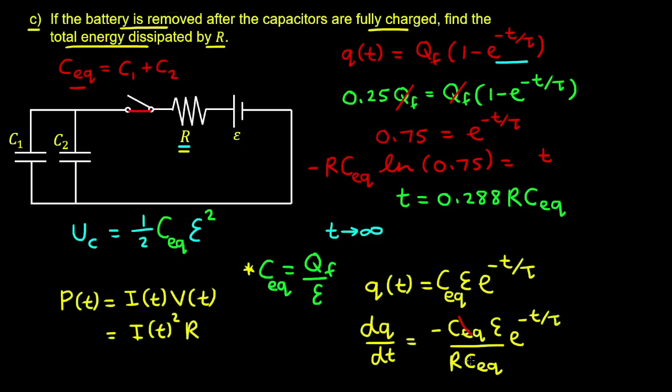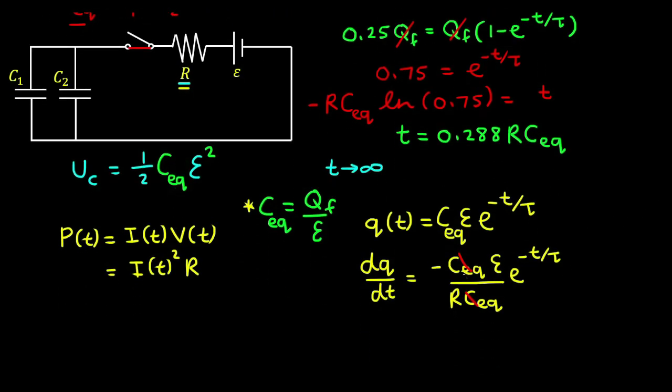So if we cancel CEQ, our expression for the current as a function of time is minus epsilon on R by e to the minus t on tau.